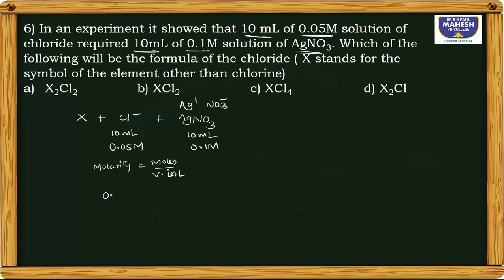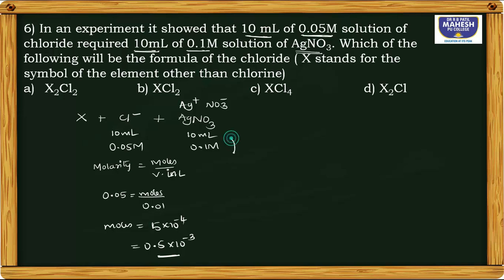In the case of chloride, molarity is 0.05. Number of moles I want to calculate. Volume 10 ml means 0.01 liter. So when I multiply, moles is going to be 5 into 10 to the power minus 4, or I can write that as 0.5 into 10 to the power minus 3.